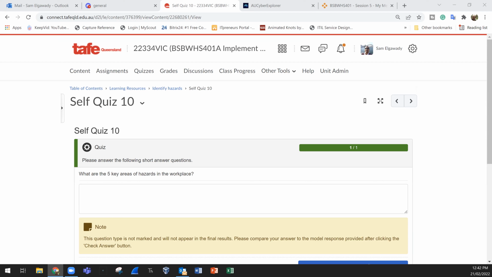Yes, good. Craney is asking, can we use more than 3 steps within the hierarchy of controls? For example, elimination, substitution, engineering, administration, PPE. Definitely yes. We can use more than 3. Yes, definitely.